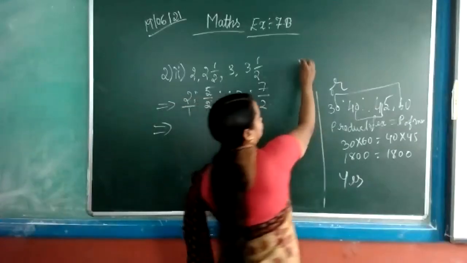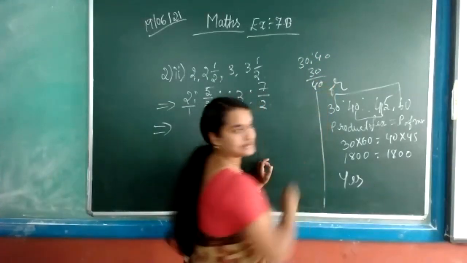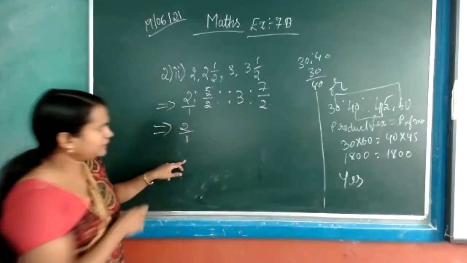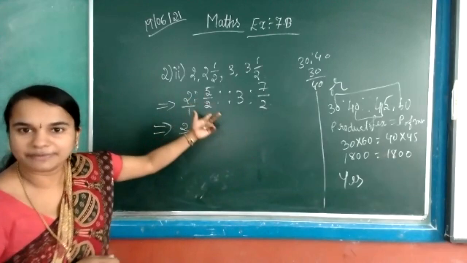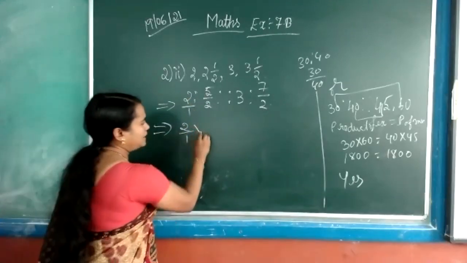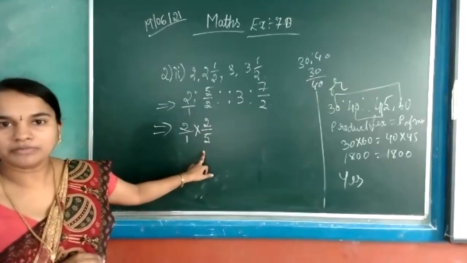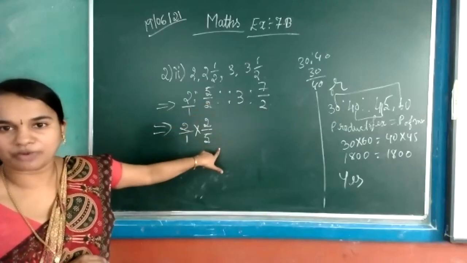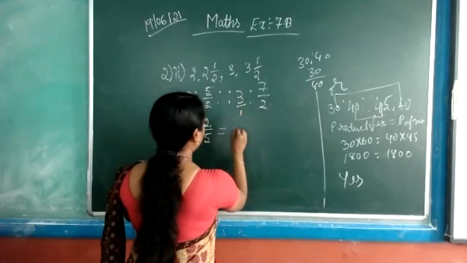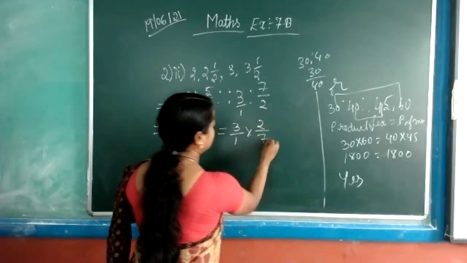If directly, 30 is to 40 means we write 30 upon 40. The same thing also here. 2 upon 1 divided by 5 upon 2 means it will be reciprocal, multiplied it will become 2 upon 5. The second fraction will be reciprocal. The same way here also: 3 upon 1 multiplied by 2 upon 7.